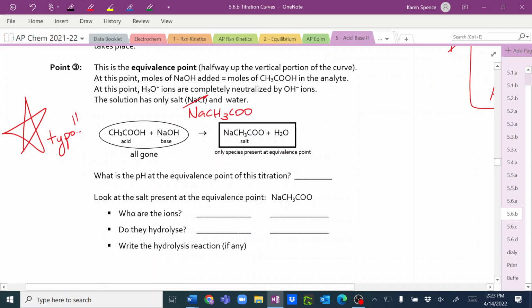So what's the pH? About 8.3. Which ions are present? Sodium and acetate, CH3COO minus. Do they hydrolyze? Yes.